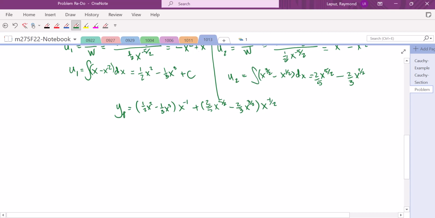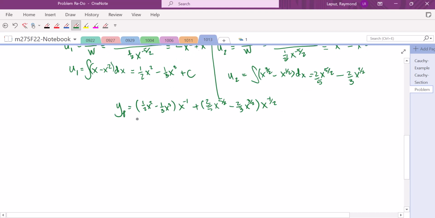So some simplifying might be worth the time to see if we can combine things. Here we're just going to add the exponents, 2 plus -1, so that's going to be 1.